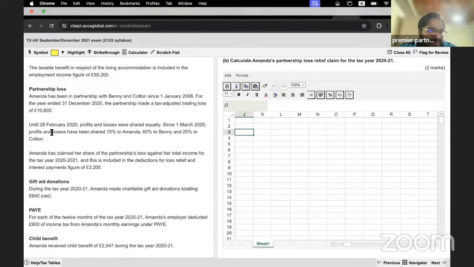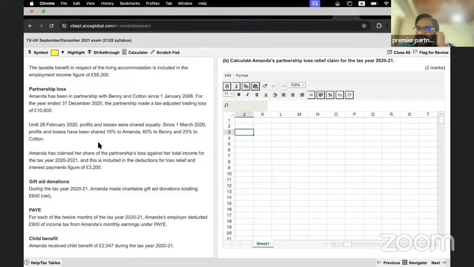Until 28th February 2020, profits and losses were shared equally. Since March 2020, profits and losses have been shared 15% to Amanda, 60% to Benny, and 25% to Cotton. Amanda has claimed her share of the partnership's loss against her total income for the tax year, and this is included in the deduction of loss relief and interest payments figure 3,200.